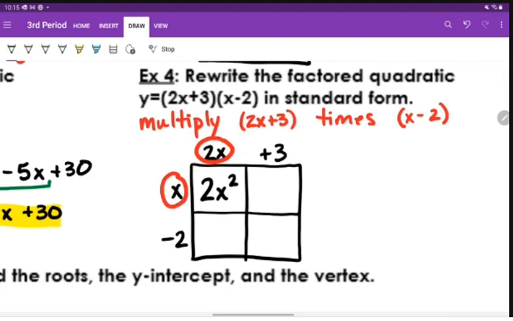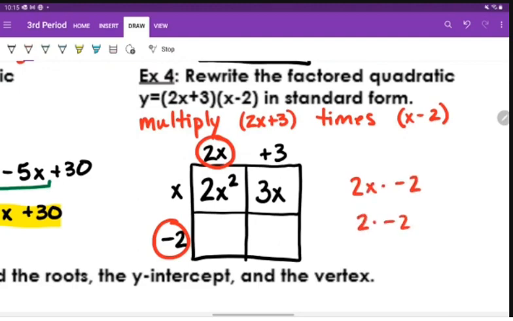Now for the rest of the grid, on the top right, we have 3 times x, which is 3x. On the bottom left, we have 2x times negative 2. Again, pay close attention to this. 2x times negative 2 is the same as 2 times negative 2 times x.